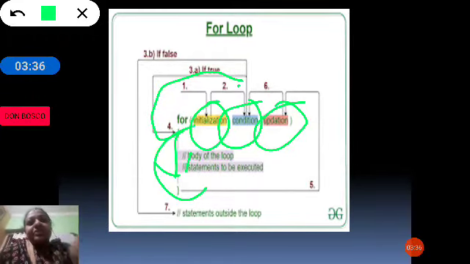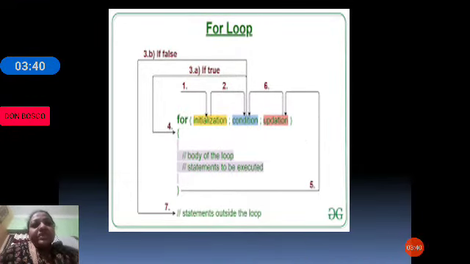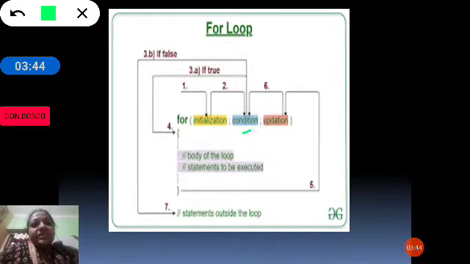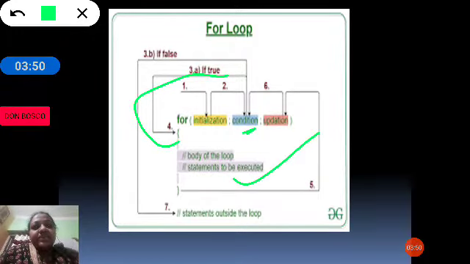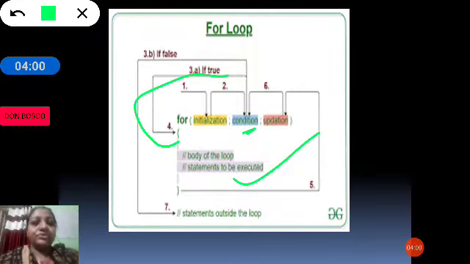Till the condition is true, the statements are executed repeatedly. Once the condition is false, control comes out of the loop. If it is true, control comes here, and the statements are executed. Again this is repeated till the given condition is true. Once the given condition is false, the control comes out of the loop.